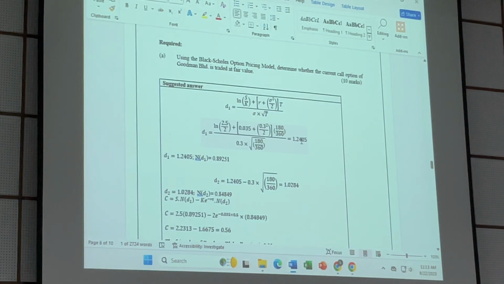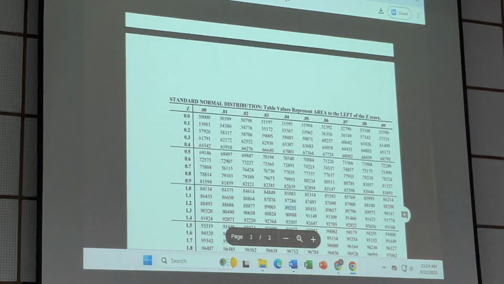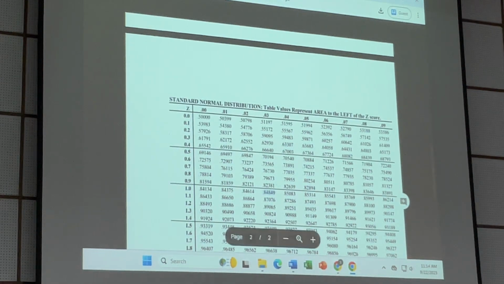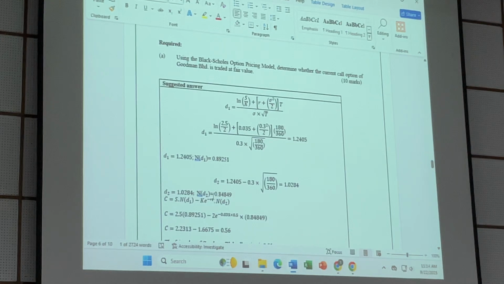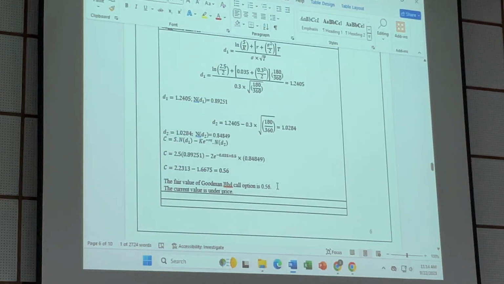Using the D1 answer, calculate D2. So D2 is 1.03, then you find 1.03 in the table, 0.84849. Then after that you substitute into this, then you get the answer. So the fair value is 56 cents.